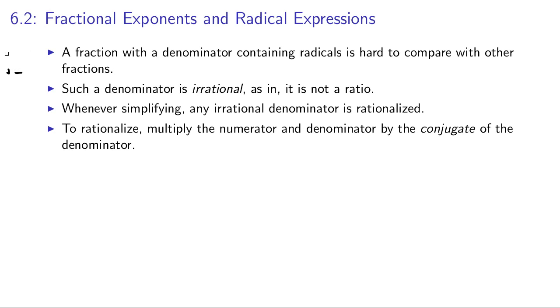rationalize this expression. Let's put it down here. 2 over the square root of 2. We can rationalize this by multiplying by the square root of 2 over the square root of 2, and we would get 2 square root of 2 over square root of 2 times square root of 2. Well, the square root of 2 times the square root of 2 is 2, because you have 2 to the 1/2 squared.